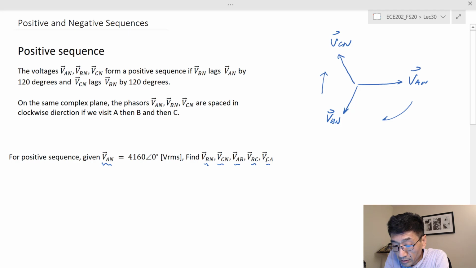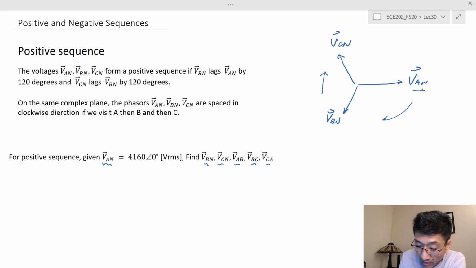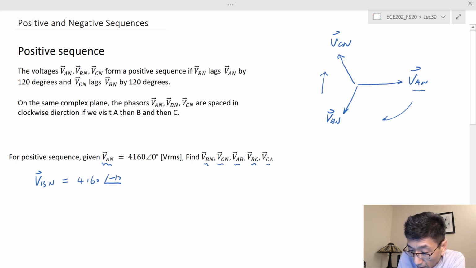Since VAN has a zero phase angle, I have the VAN drawn here, so this matches the VAN phasor exactly. So VBN is going to be lagging VAN by 120 degrees, so I write the result as negative 120 degrees, right?